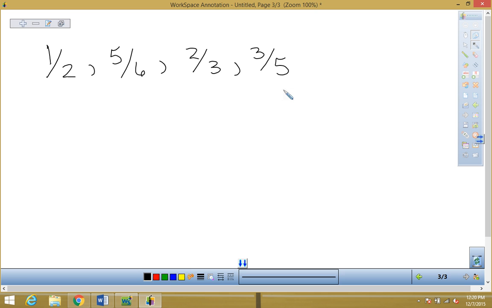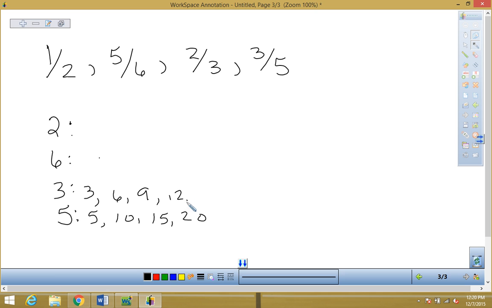If you can't see it right away, you can write out the 2, the 6, the 3, and the 5, like how we did when we first started talking about LCM. And you can skip count, or multiply these numbers. If you need to do something like that, you can.